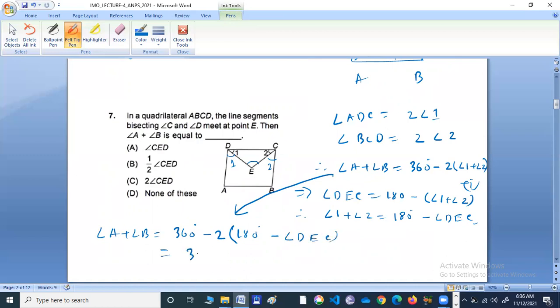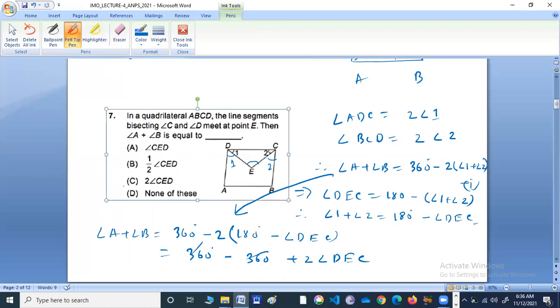So this becomes 360 degree minus 360 degree plus 2 angle DEC. Right? So angle A plus angle B is 2 into angle C. Therefore, what option is correct? Therefore, our option C is correct. Good. Fine.